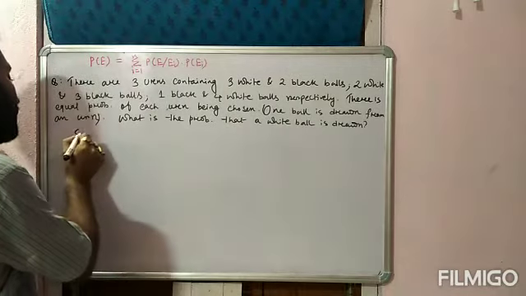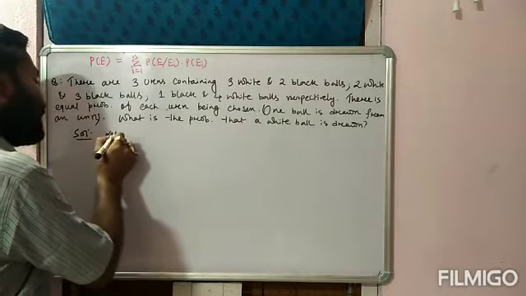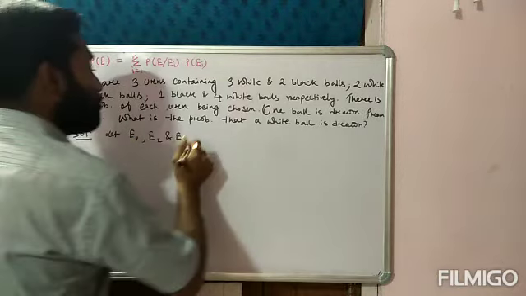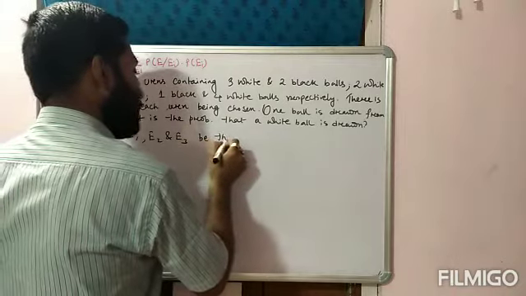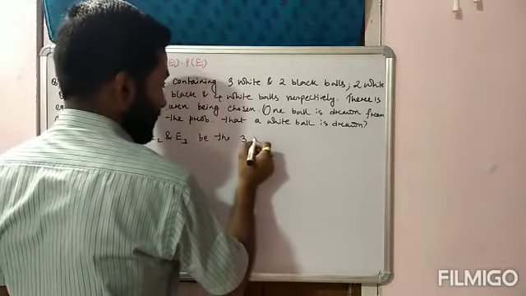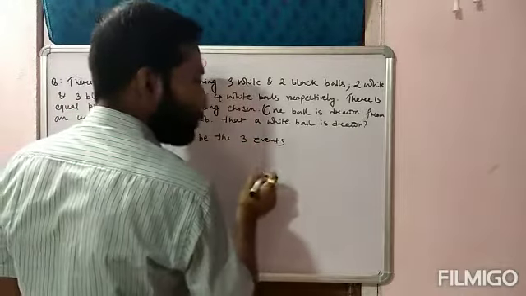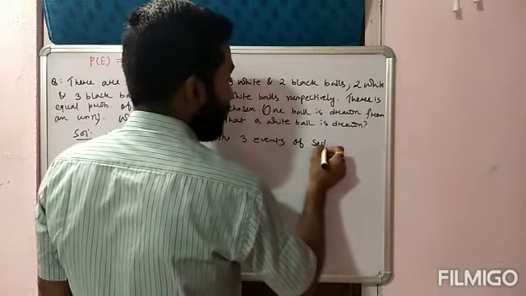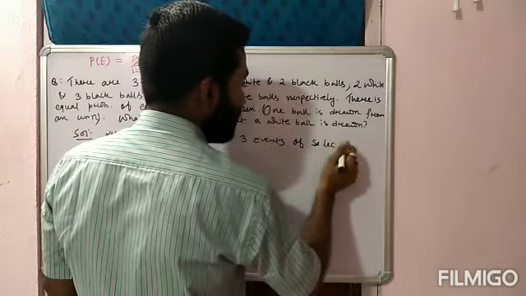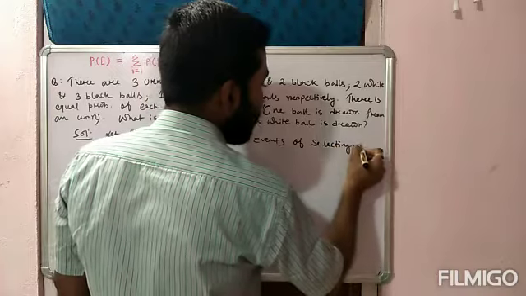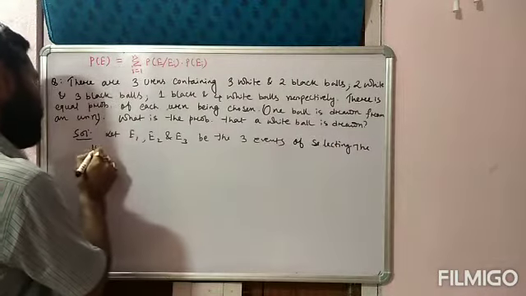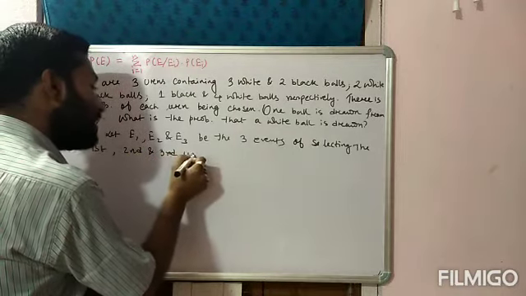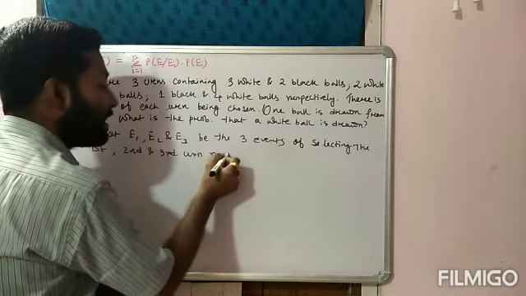Okay, check the solution. How to write? Let E1, E2 and E3 be the 3 events of selecting the first, second and third urn respectively.